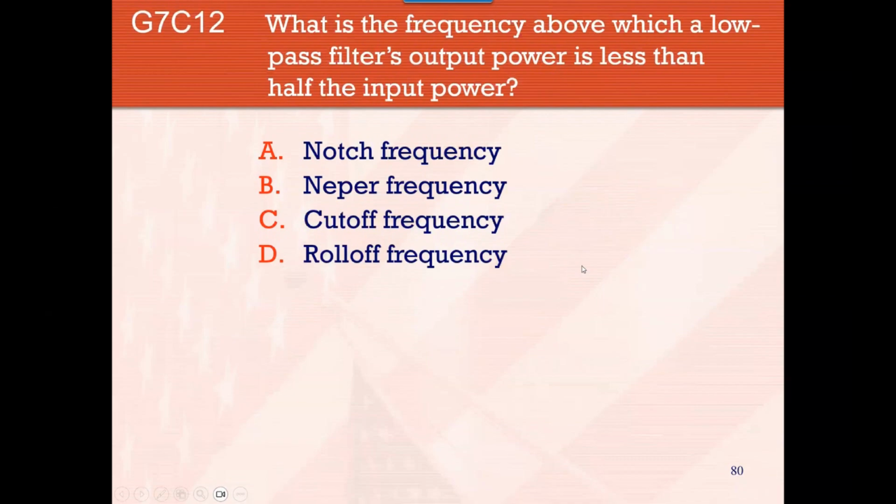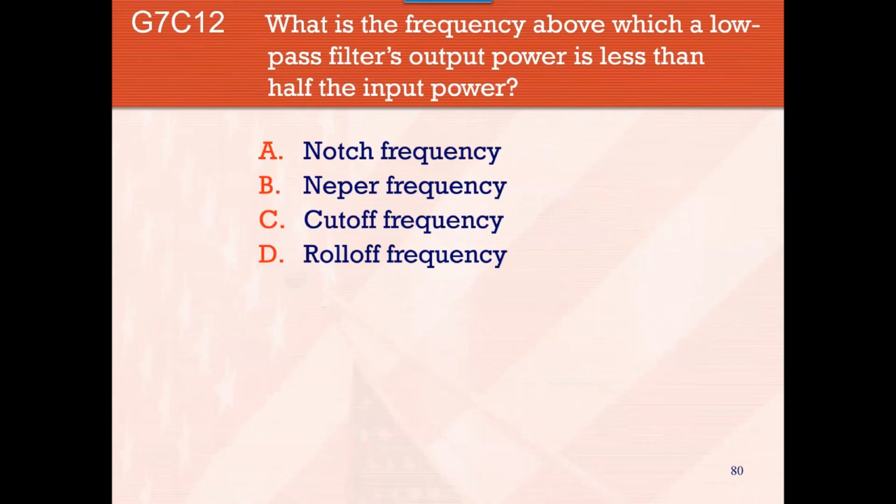What is the frequency above which a low-pass filter's output power is less than half the input power? Now, we're talking about filters here. A low-pass filter is one that's going to pass frequencies below a certain frequency. A high-pass filter would pass frequencies above a certain point.